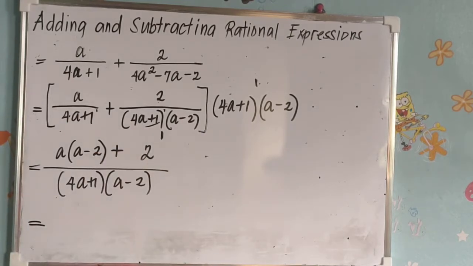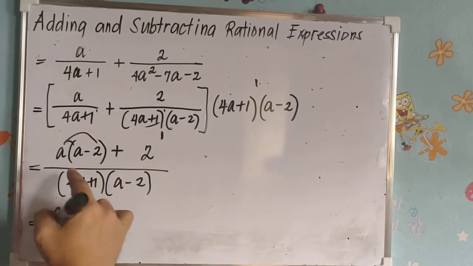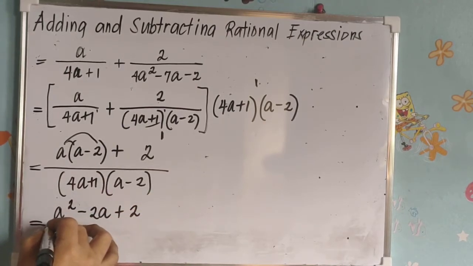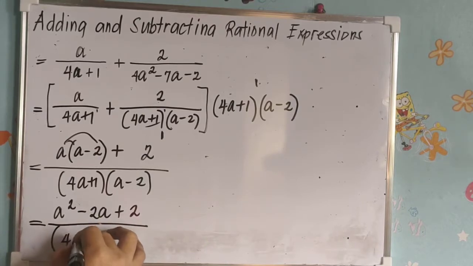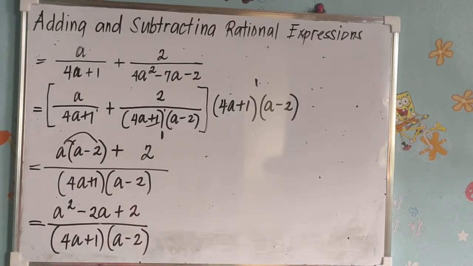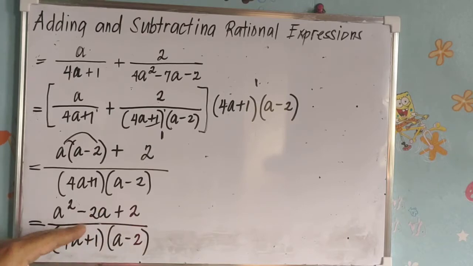Then, simplify further. We have a times a, we have a squared. A times negative 2, we have negative 2a, plus 2, all over 4a plus 1 times the quantity a minus 2. And let's see if a squared minus 2a plus 2 can be factored, so that if there's any common factor in the denominator, then we can simplify it further. So let's see.